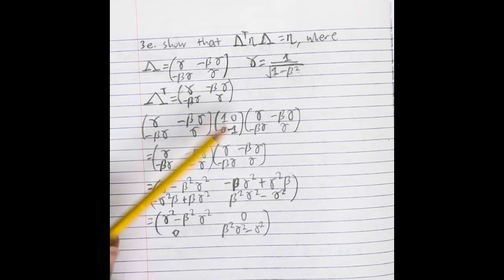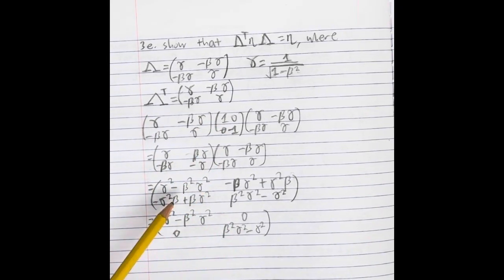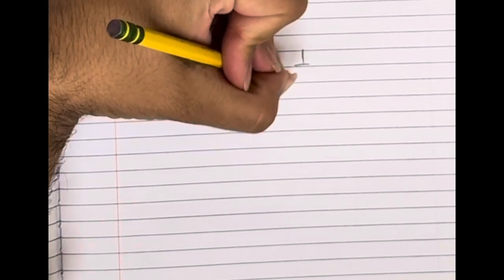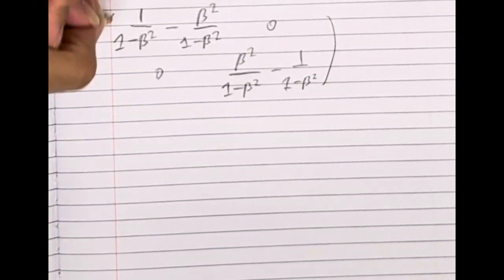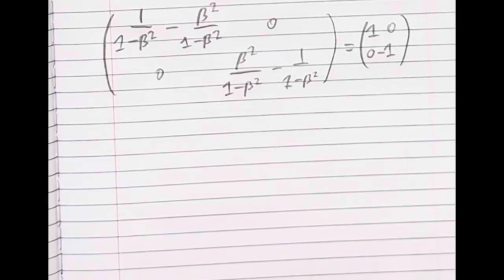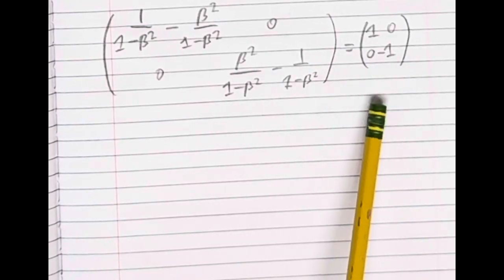What we want it to be, with 1 here and negative 1 here, we can use the definition of gamma and plug it back into here to get the metric that we want. As you can see, the Lorentz transformation that lambda causes is invariant because the metric still remains the same even after the transformation.